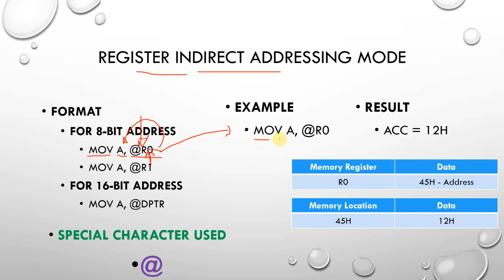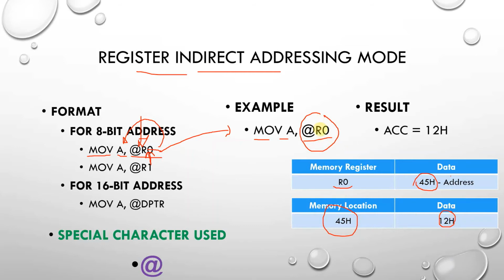Consider the instruction MOV A, @R0, the same instruction. Now the content of R0, for example, is supposed to be 45H. Now 45H in this particular format will be considered as an address value of the memory. Now address 45, that is memory location 45, will contain, for example, 12H.